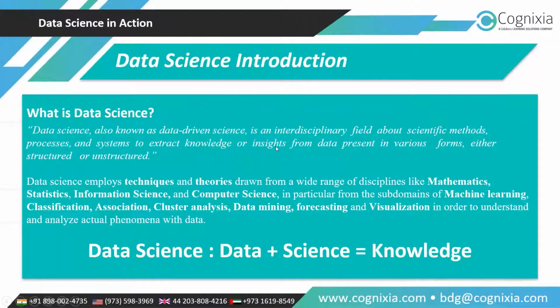Now when we say knowledge or insights, it is not the usual knowledge, it is not the obvious type of knowledge or insights. That is the biggest difference between business intelligence and data science. Some of you must be from the business intelligence background, working on BI tools like dashboards, Tableau, Spotfire, QlikView, right?